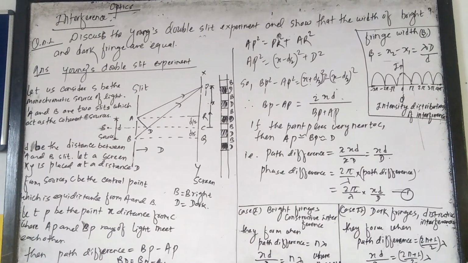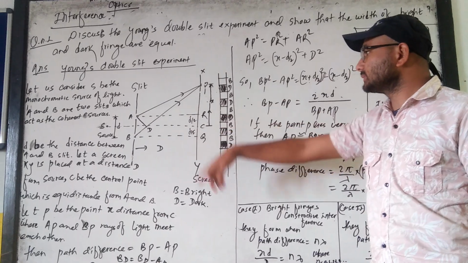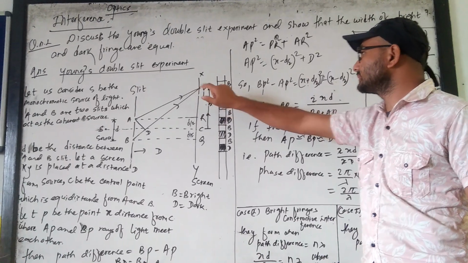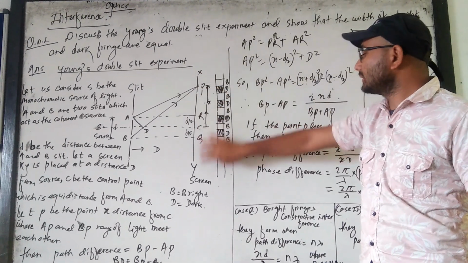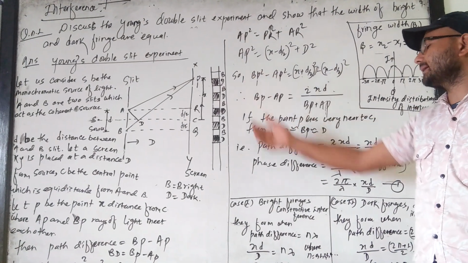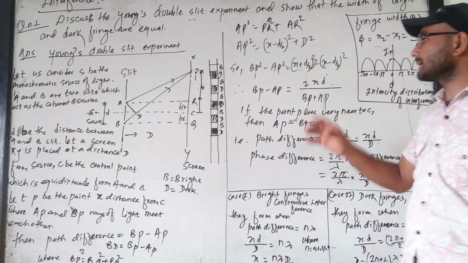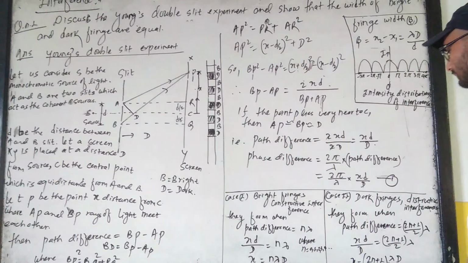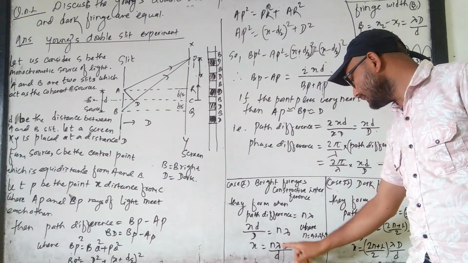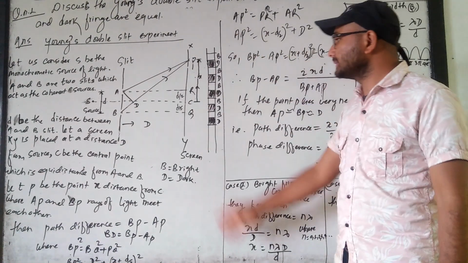Do not forget, when anybody asks you what is the double slit experiment, to say about this one screen and two slits, one source, and from these two slits two lights strike a point on a screen, where we can see different bands, which might be dark bands or bright bands. Where the dark bands and bright bands are, we can get with the help of these two formulas, x equal to n lambda D by d and x equal to (2n plus 1) lambda D by 2d, because these two give us the position of the bands on a screen.